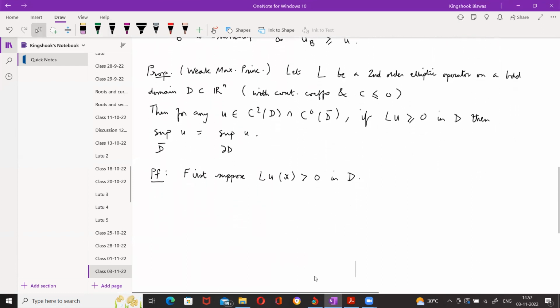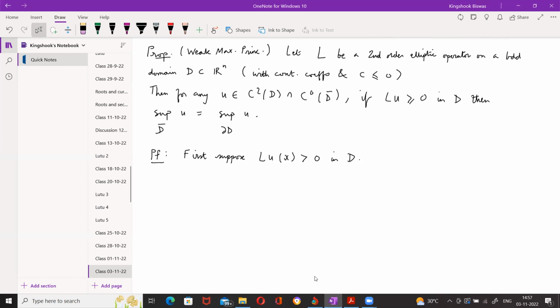Because then what this means is that, let x naught be a point in D closure where u attains its maximum.